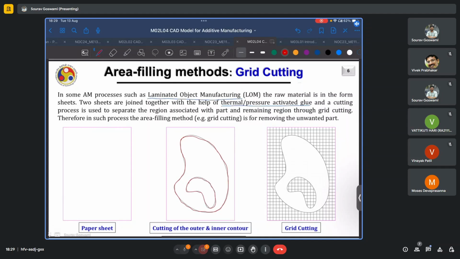And then we try to divide the remaining region which we are not interested in into these grids. Similarly for the inner region here as well. Once we have the grids designed, we can simply use a laser or a knife depending on the material and pass the laser or knife over these grid lines and thus eliminate the unwanted material.